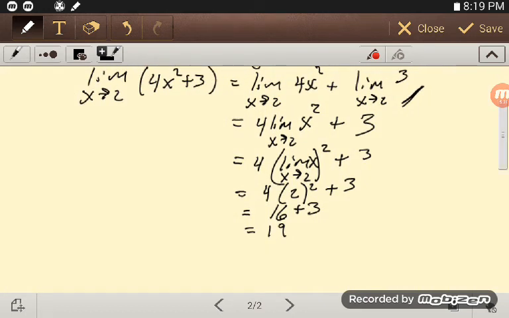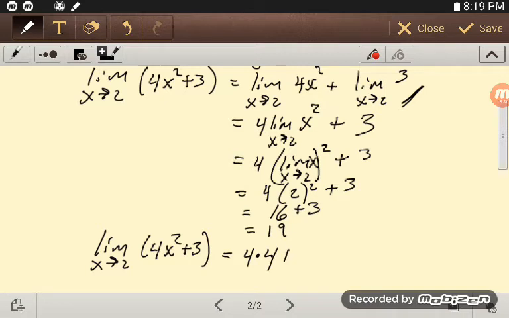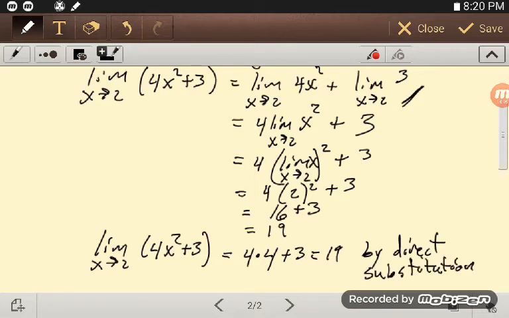That's nice, but I think at our level, that's just sort of silly. If you get something like this, limit as x goes to 2 of 4x squared plus 3, and you say that is 4 times 4 plus 3 because you're doing direct substitution, and you say by direct substitution, I'm good with that.